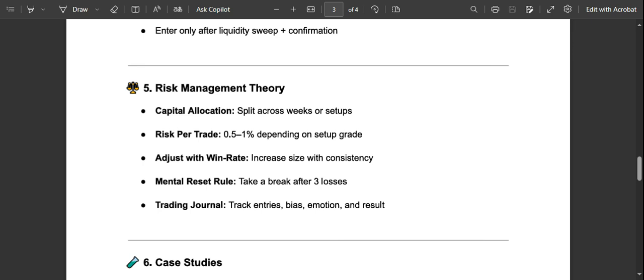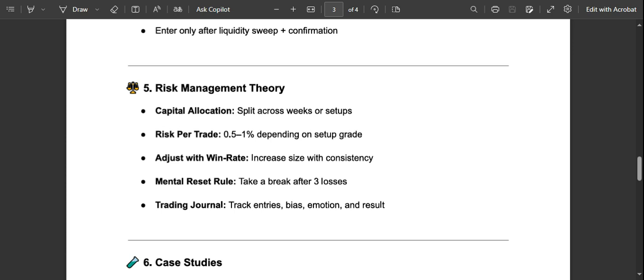So even if the market moves against them, they won't suffer, because they have managed portfolios that they attend to. And also in every trade, you need to risk 0.5% to 1%. Yes, that is the risk management theory under the quarterly trade.